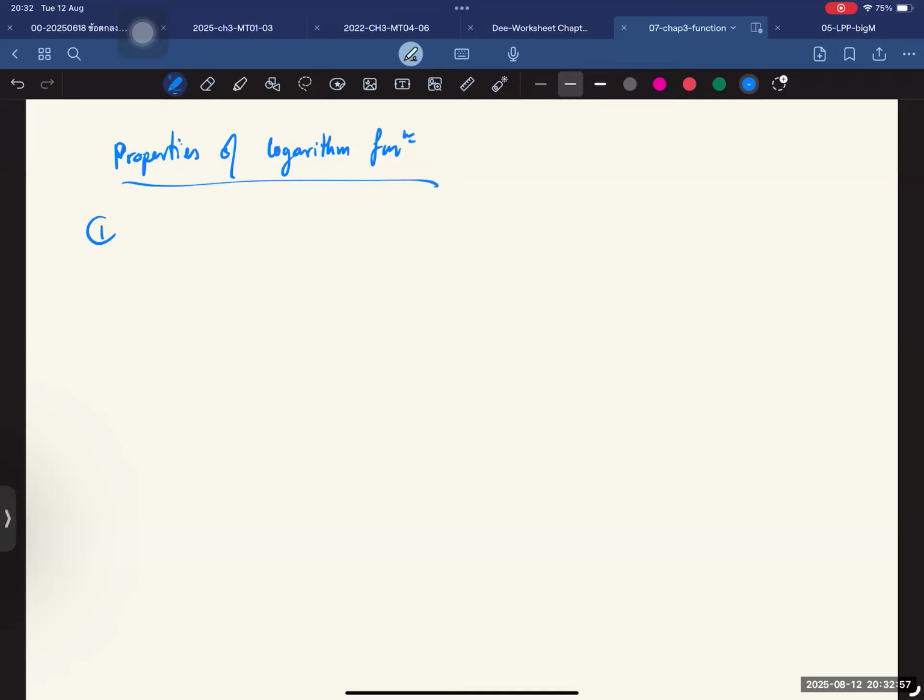And the first one, we know that E is a constant, 2.7. So the natural log of E is 1. So in this one, the natural log and the E are inverse functions of each other. Therefore, we have E to the power of natural log of x. This is the same as x.